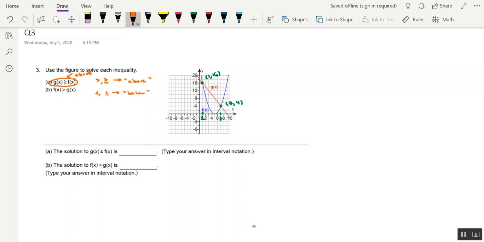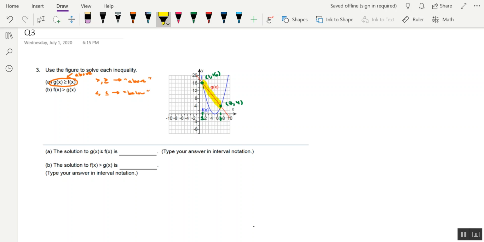So keep in mind, g of x is the red graph here. And if you look at the part of the graph of g of x that's between the points of intersection, this would be a part of the graph of g of x that's above the graph of f of x. Because visually speaking, that little red section of the line there is a little bit higher than the blue part that's underneath it.